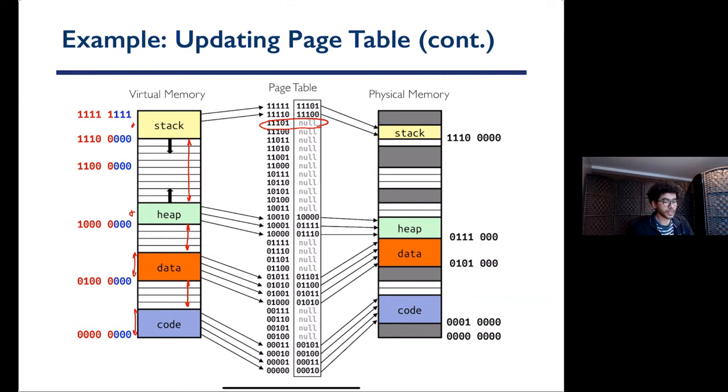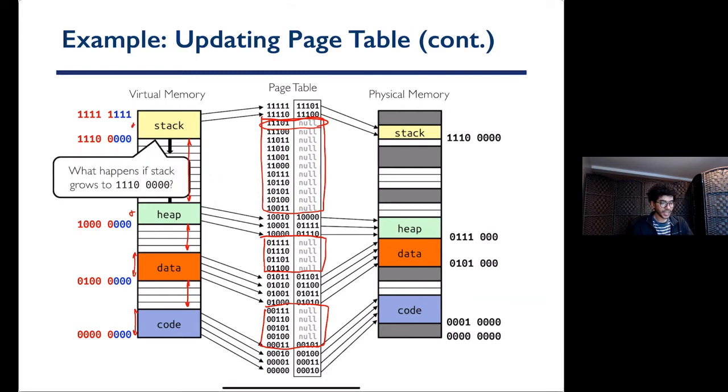So in this example that you can see, these are the virtual pages, these are the page table entries corresponding to the virtual pages that I'm not using. So I have a lot of these empty spaces in my virtual page table.